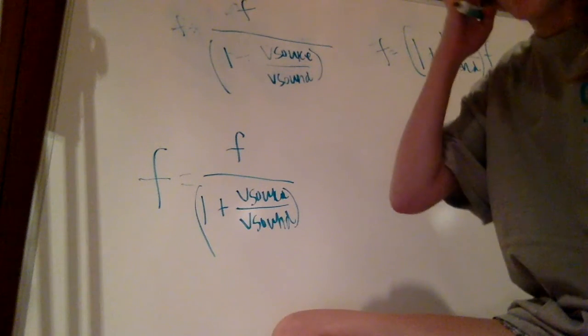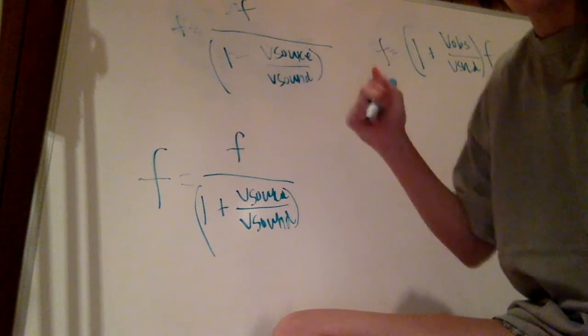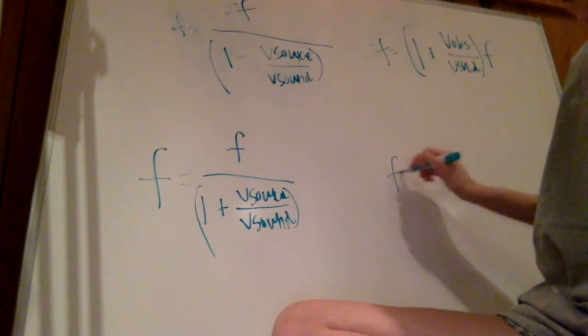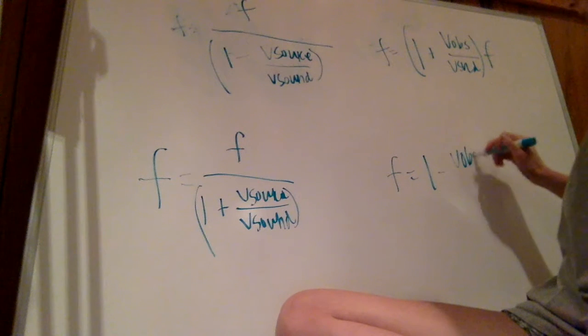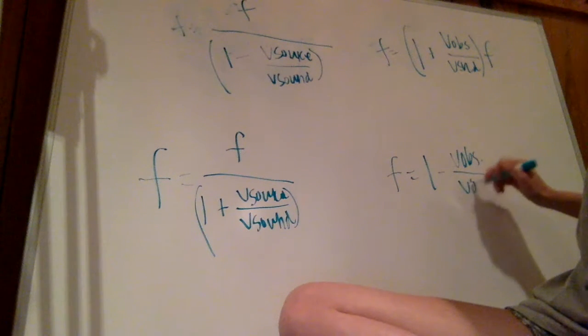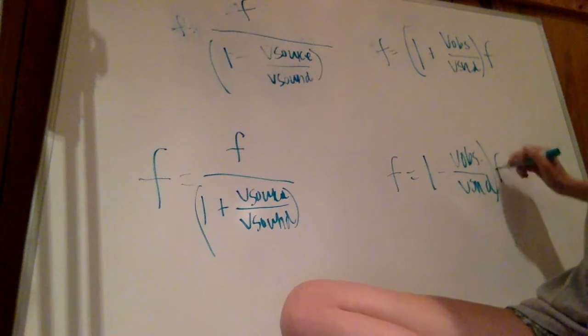And then if your observer is moving away from the source, it's going to be F equals 1 minus velocity of the observer over velocity of the sound, times F.